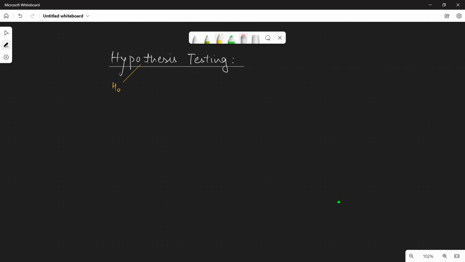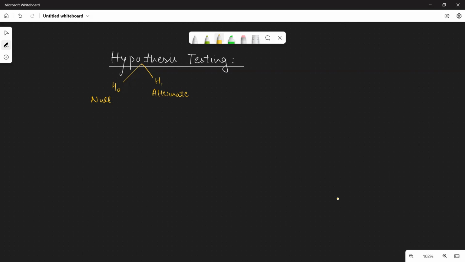H0 is also called null hypothesis and H1 is called alternate hypothesis. So if we wish to create a null hypothesis, how can we do that? If we wish to create an alternate hypothesis, how can we do that? That is the next question.